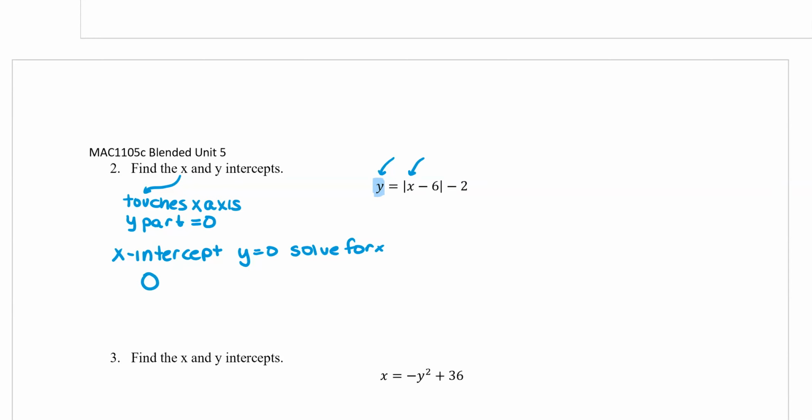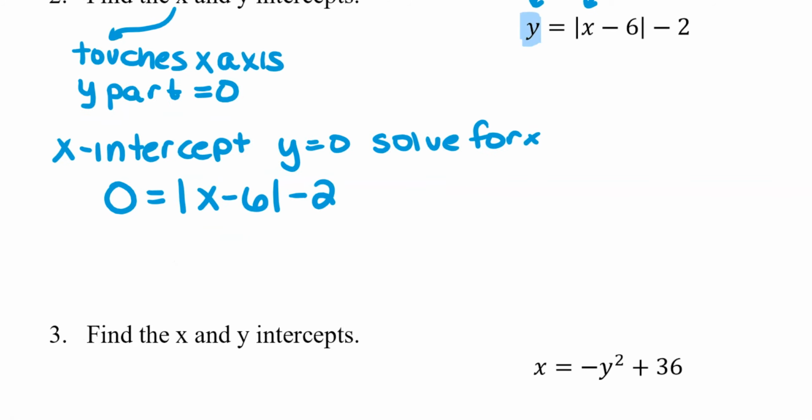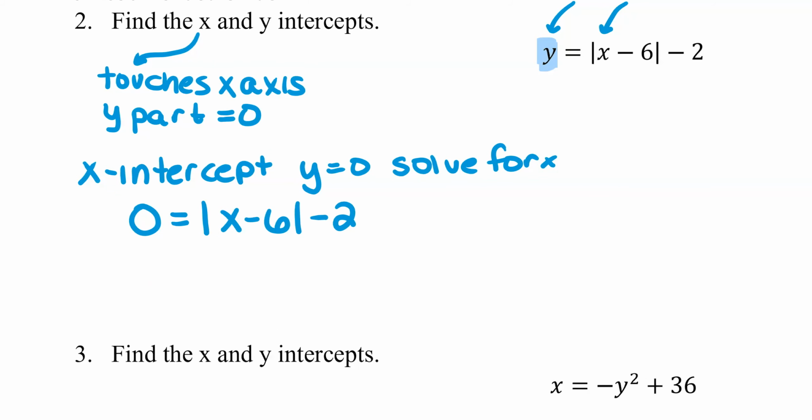So I have 0 equals absolute value of x minus 6, minus 2. Okay, well, we're asked to solve for x, so you have to think about what kind of equation this is. This is an absolute value equation. And to solve an absolute value equation, we need bars equals number, and then we can drop the bars and tack on plus or minus.